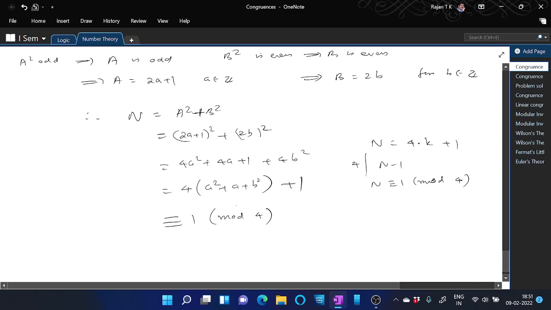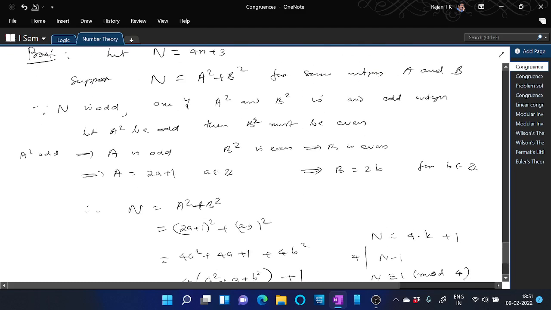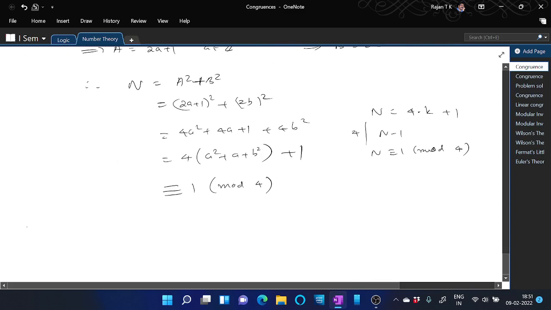But N cannot be congruent to 1 mod 4. You can see that N is congruent to 3 mod 4, because N is 4n plus 3.